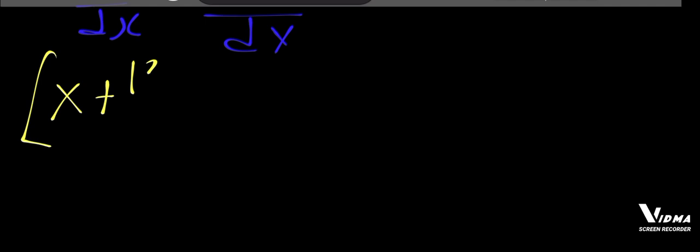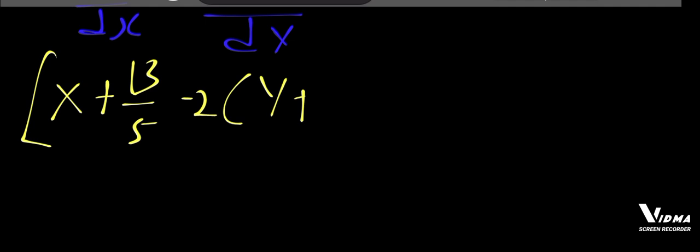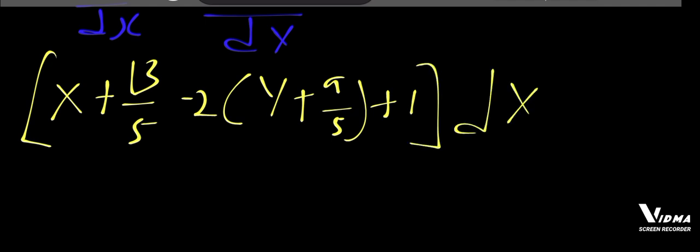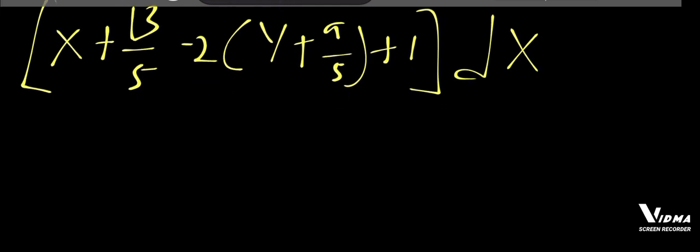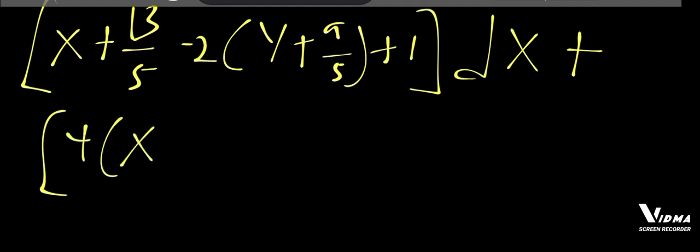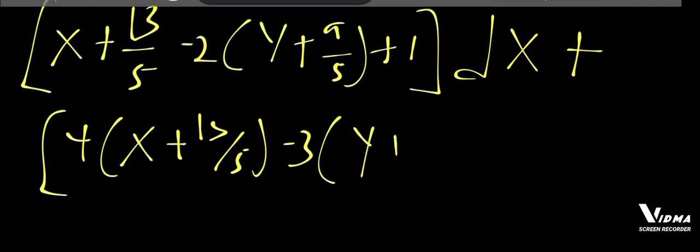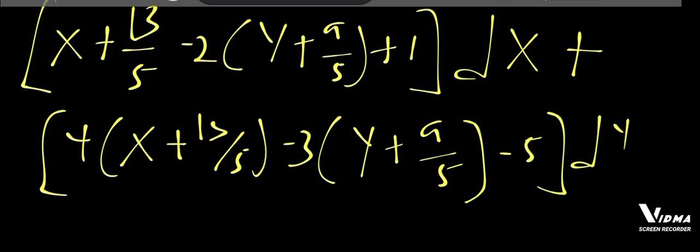(X plus 13 on 5 minus 2 capital Y minus 2 times 9 on 5 plus 1) multiplying the capital X. And we have plus, my space is limited, (4 times capital X plus 13 on 5 minus 3 times capital Y plus 9 on 5 minus 5) the capital Y equal to 0.